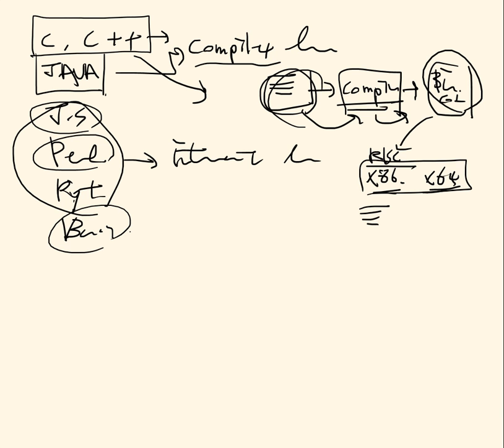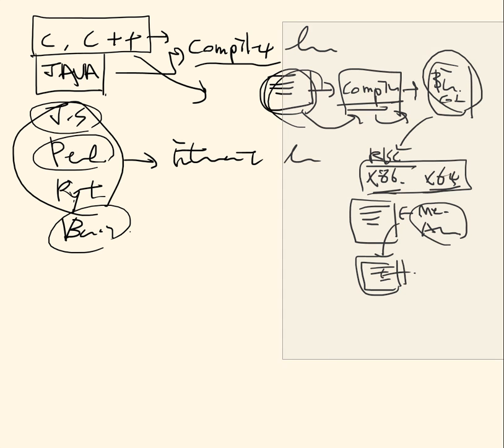So the output is mnemonic or assembly code, and this code is formatted in some kind of binary format, and the CPU executes this kind of code.